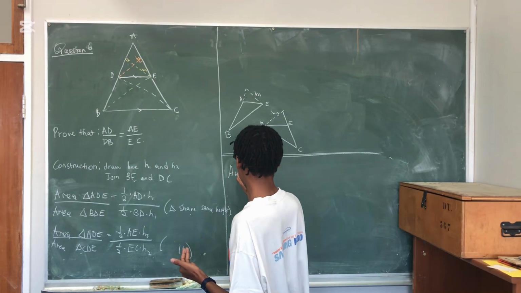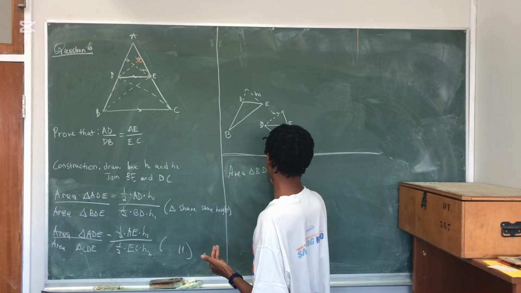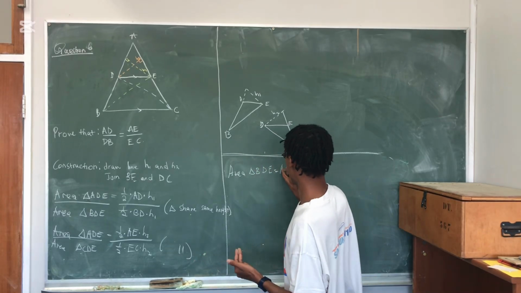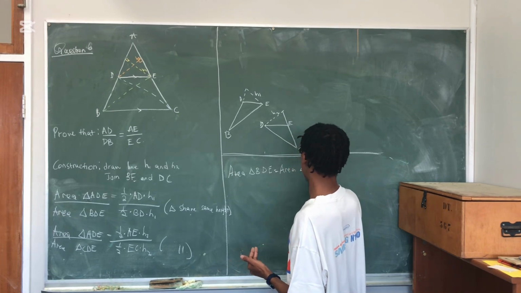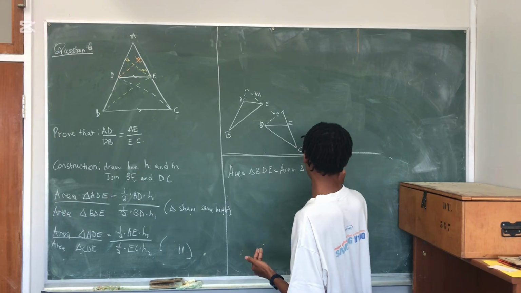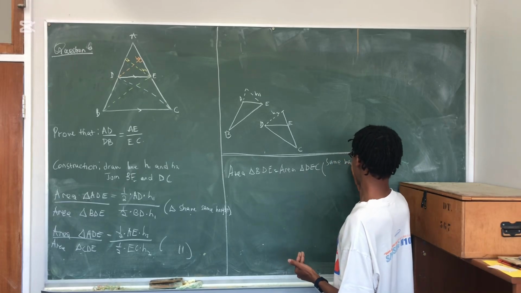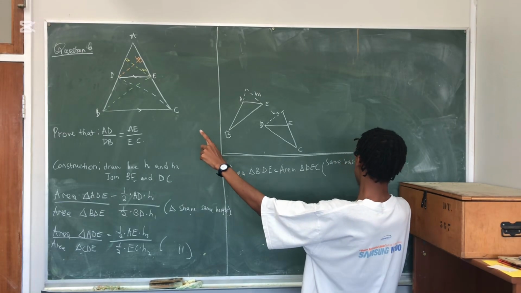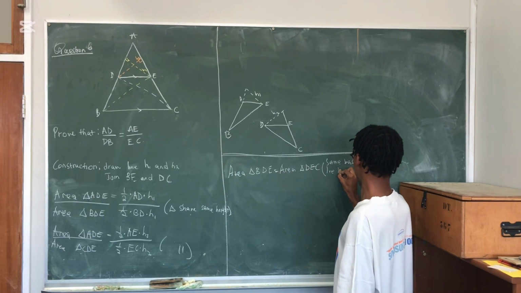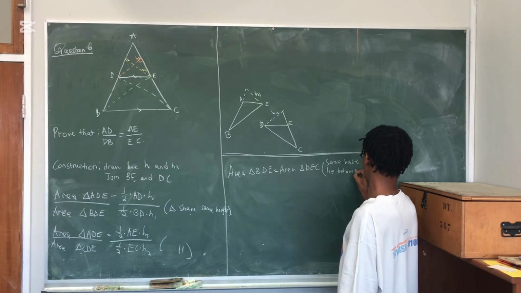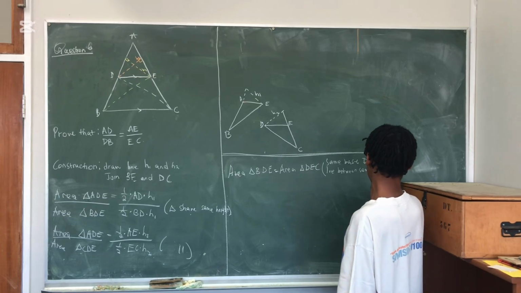The area of triangle BDE is equal to the area of triangle CDE, because they share the same base, which is DE, and lie between the same parallel lines.